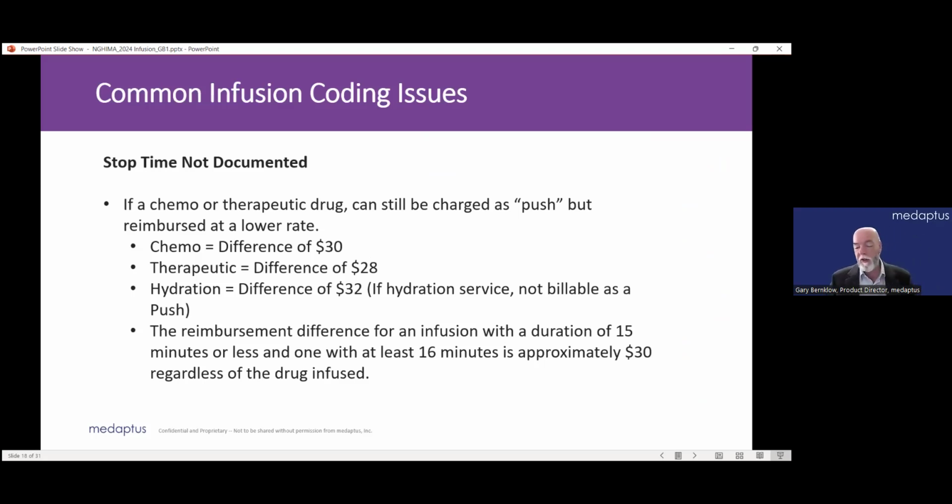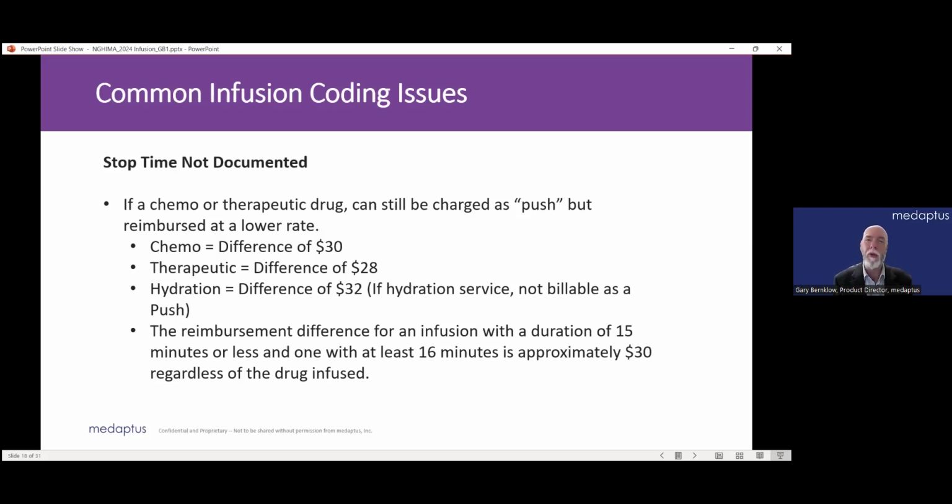One of the big things that we see in our audits is a stop time not documented. And I talked a little bit about that happening, especially in the ED and the OBS departments. If it's not documented for a chemo or a therapeutic drug, you could still charge a service, right? It gets charged as a push or a short infusion, but that's reimbursed at a lower rate.